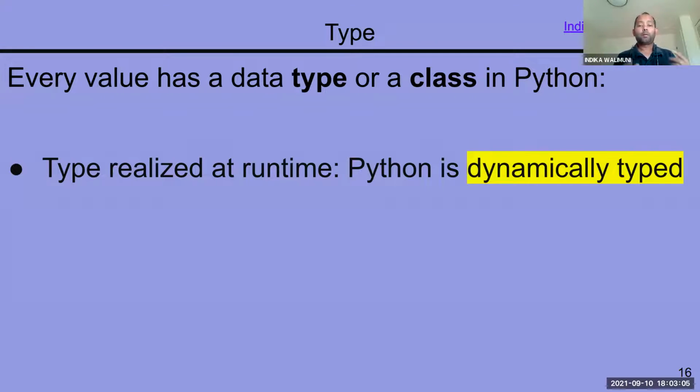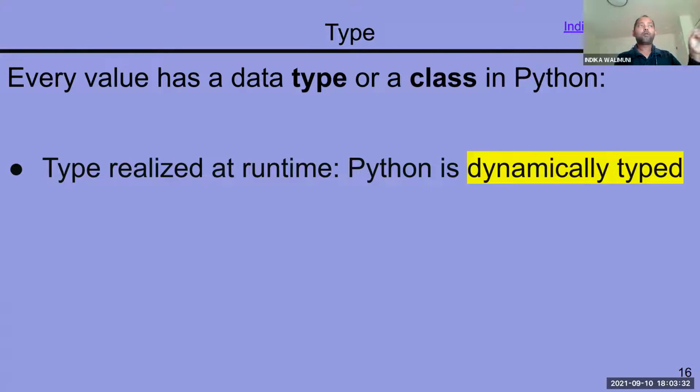Python does it during the runtime. For this reason, we call Python a dynamically typed language. That means unlike Java and C++, you don't need to declare a type beforehand, during the compile of the program. That means in the source code, you don't have to declare a type in Python.